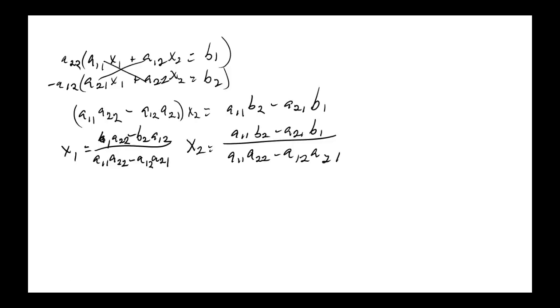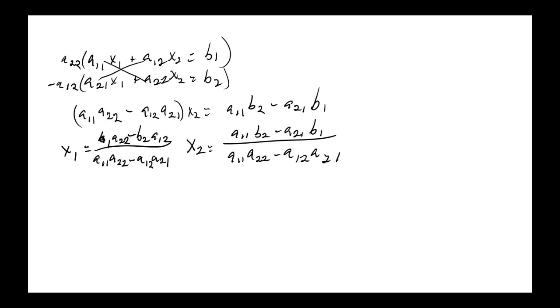In the x1 solution, you have another determinant, but rather than writing the coefficients, we write B1 and B2 in their place. B1 times A22 minus B2 times A12 gives you your numerator here. And for this one, you put the B1 and B2 in for these, and that gives you A11 times B2 minus B1 times A21.